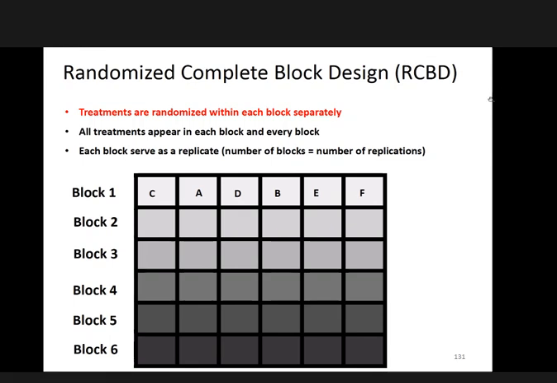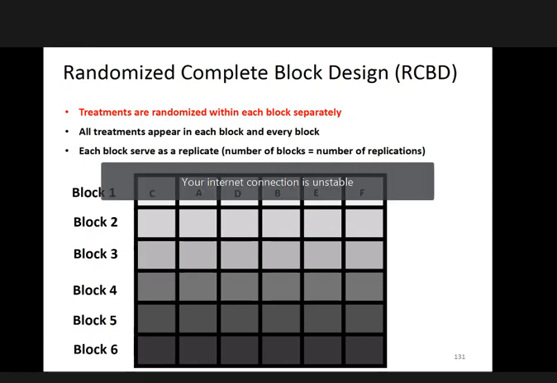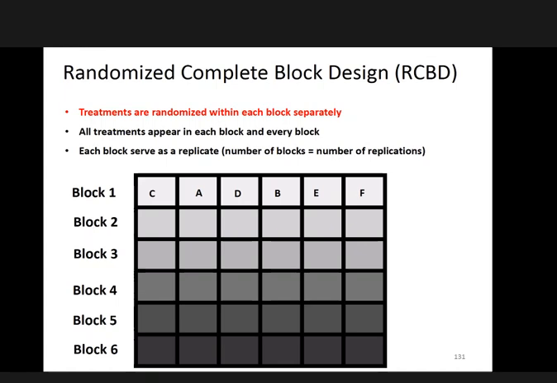Okay. Hello, doctor. Yes. I think a replicate is a repetition of an experiment when it is treated under similar conditions, like when that experiment is repeated under similar conditions. Okay.